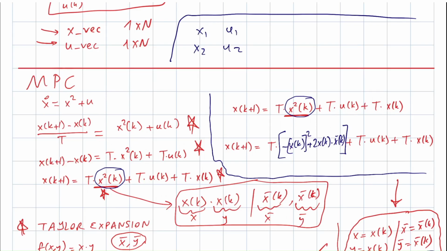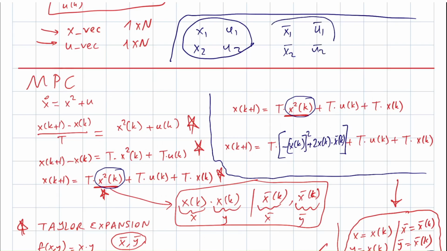Since your problem is nonlinear, on top of having the x1 trajectory, x2 trajectory, u1 trajectory, u2 trajectory, you would have 4 trajectories, but on top of that, you also have x1 bar, x2 bar, u1 bar, and u2 bar.